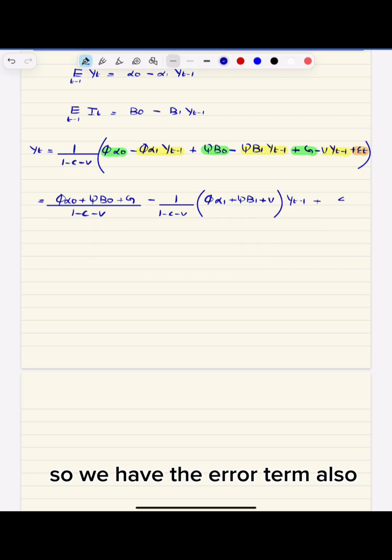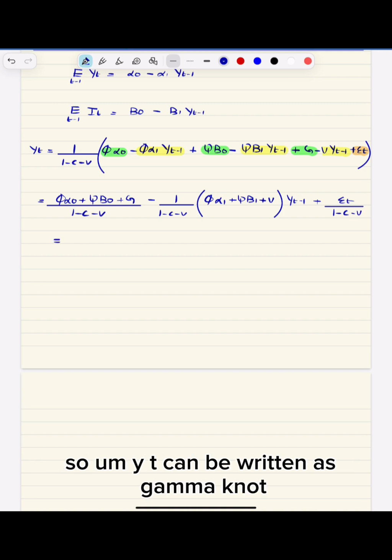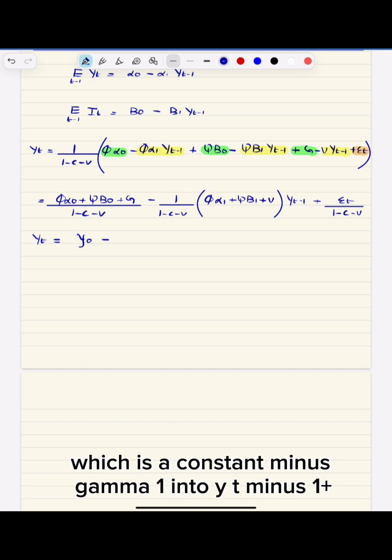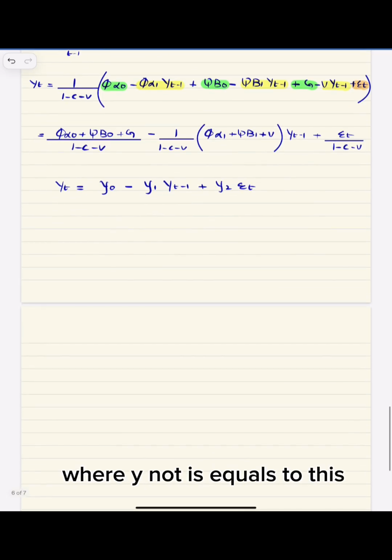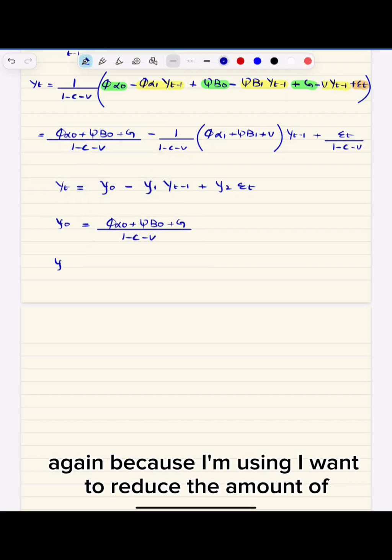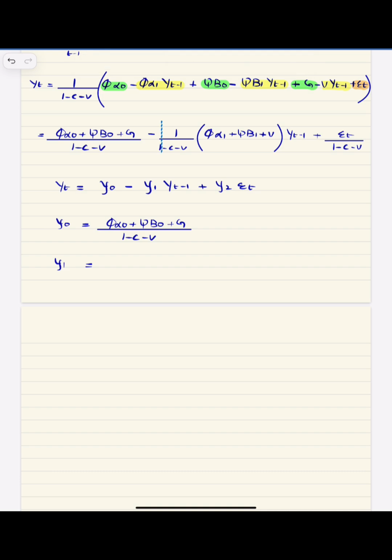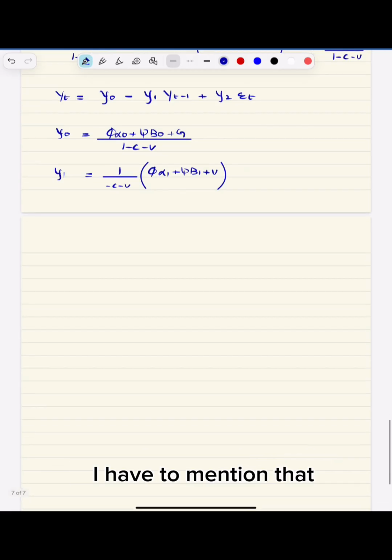So we have the error term also being divided by this constant. Okay, so yt can be written as gamma naught, which is a constant, minus gamma 1 into yt minus 1 plus some gamma 2 into the demand shock, where gamma naught is equal to this. Again, because I want to reduce the number of symbols that I'm using, whatever I'm taking for simplicity, I have to mention that.